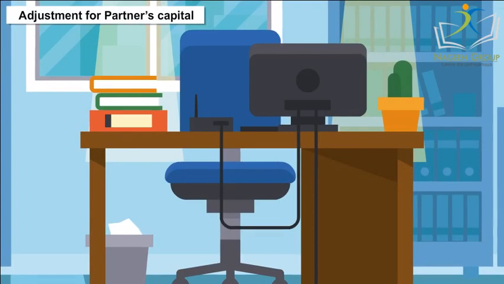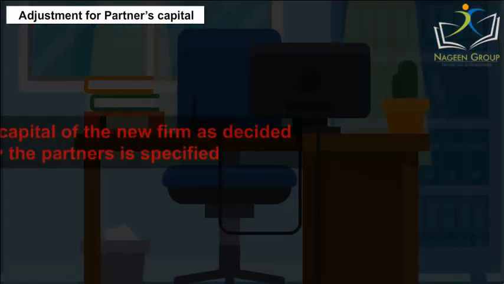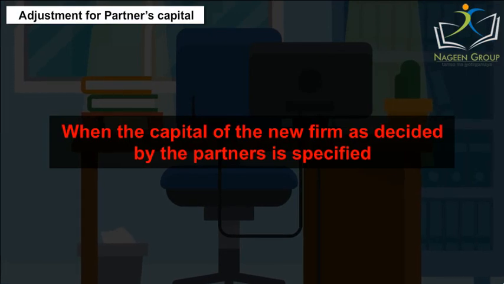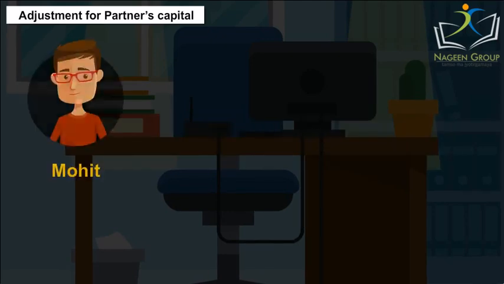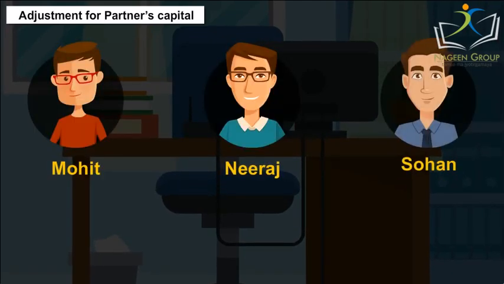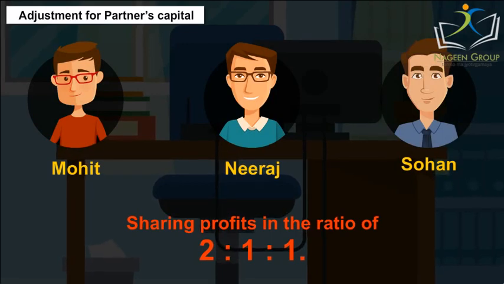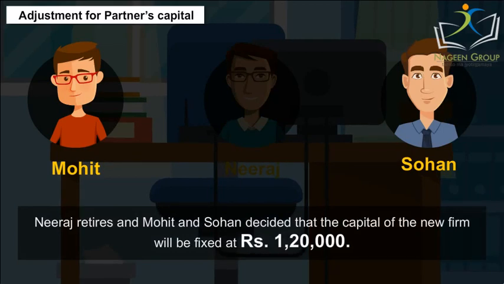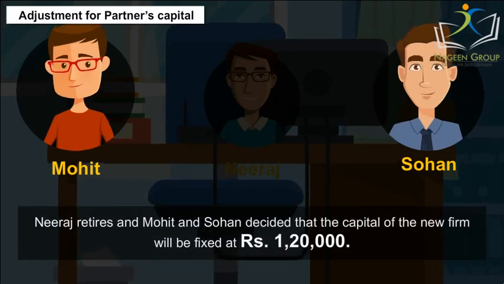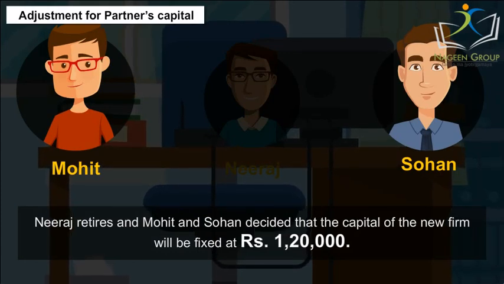Let us understand this by the following situations. A. When the capital of the new firm as decided by the partners is specified. Mohit, Neeraj and Sohan are partners in a firm sharing profits in the ratio of 2:1:1. Neeraj retires and Mohit and Sohan decided that the capital of the new firm will be fixed at rupees 1,20,000.